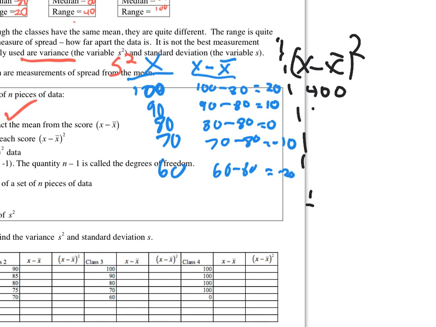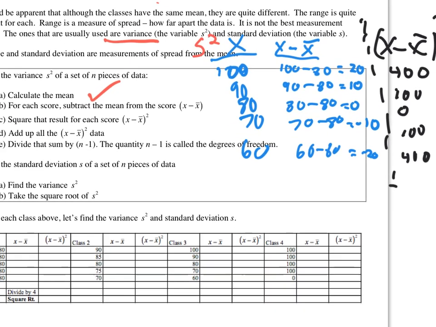What's 10 squared? 100. What's 0 squared? 0. What's negative 10 squared? It's still 100. This is why we're squaring them: some were negatives and some were positives. By squaring them, you get a number that doesn't affect left or right. What's negative 20 squared? 400 again.